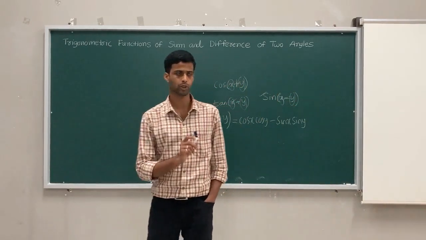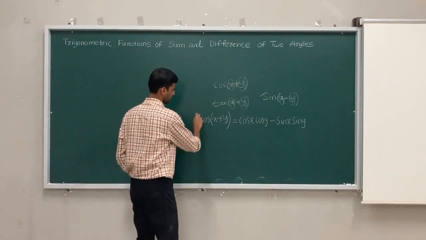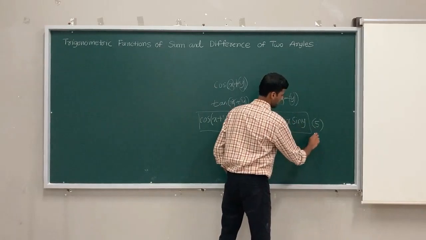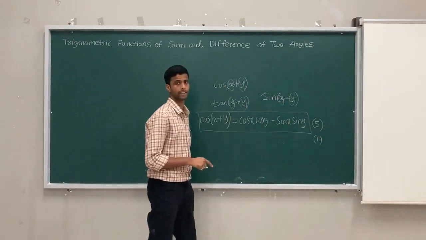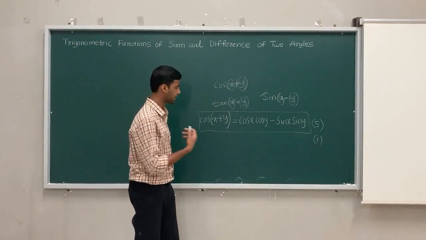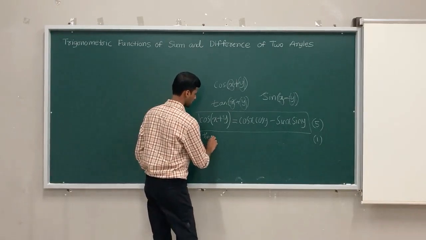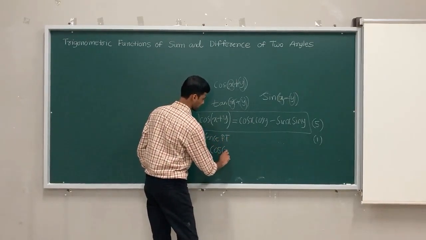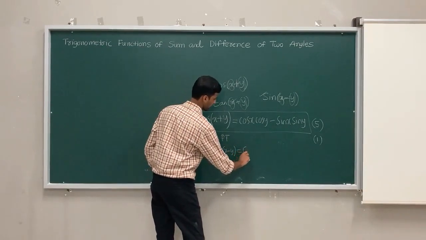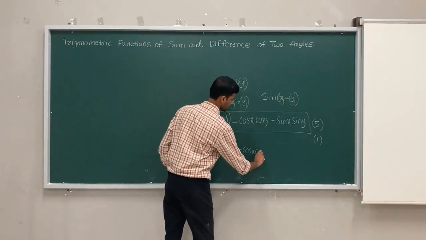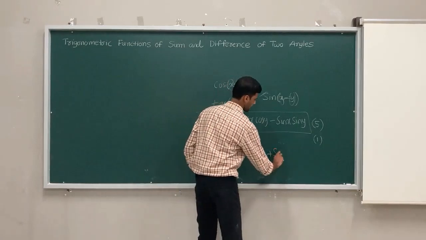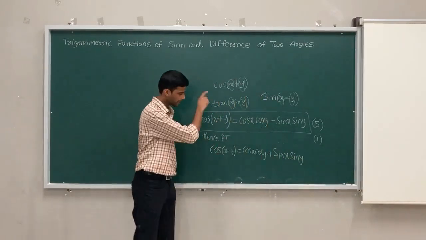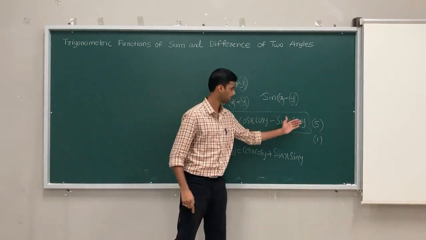This question is for 5 marks, and along with that question, they will tell you to deduce: hence, prove that cos of x minus y is equal to cos x cos y plus sin x sin y. So together the question is for 6 marks, 5 plus 1.